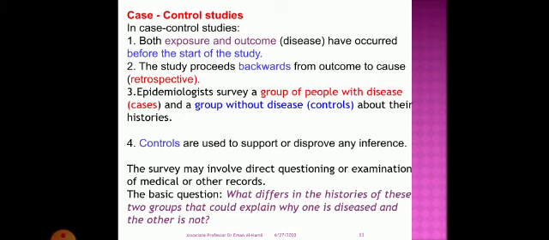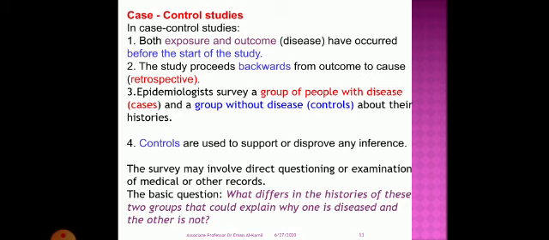The cases are children under 5 years of age who have respiratory tract infection, with the disease. These are the cases. While for the control group, we are going to take a group of children who are under 5 but have no respiratory tract infection.